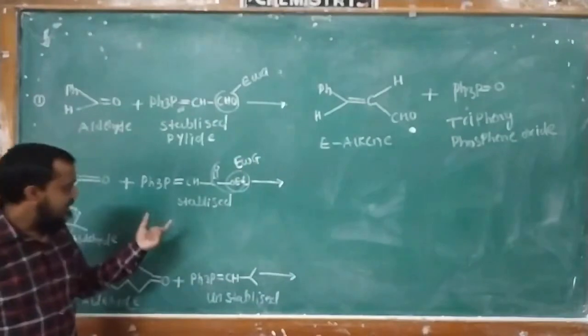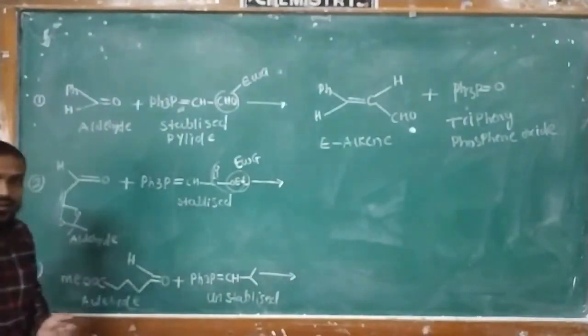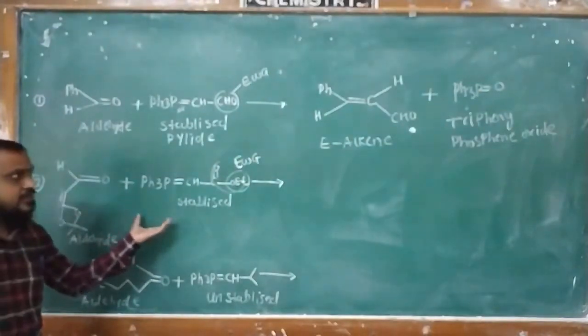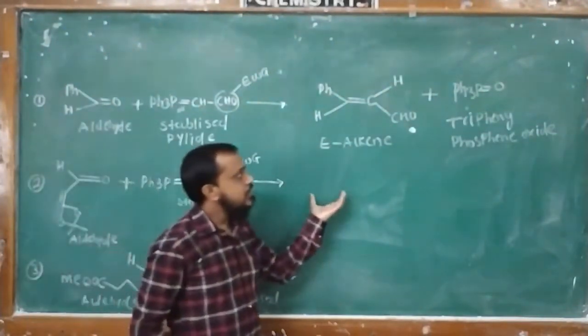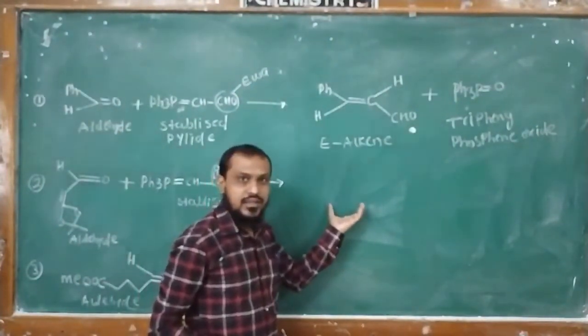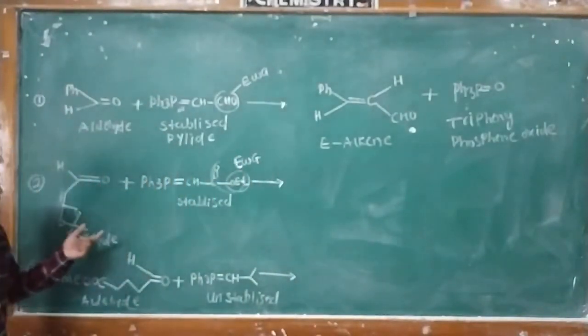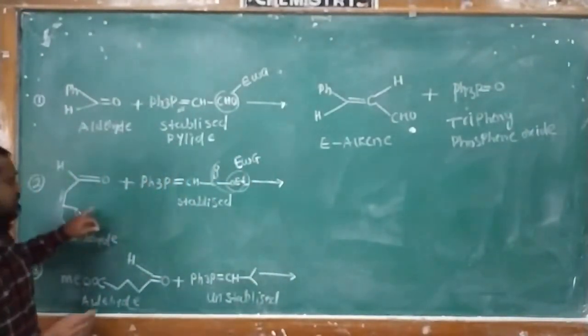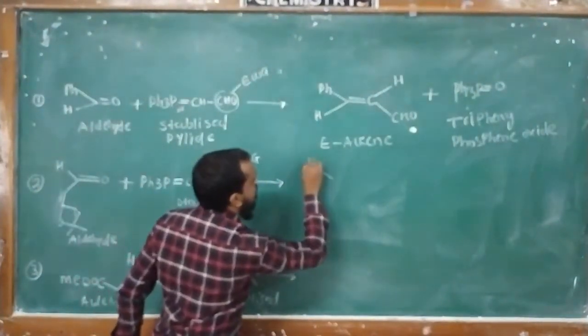We know that when a stabilized ylide is used in the Wittig reaction, the E alkene will be obtained.